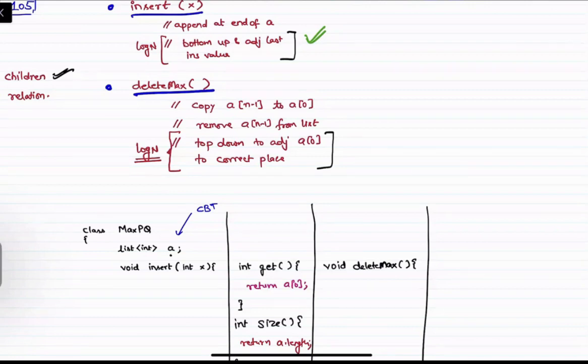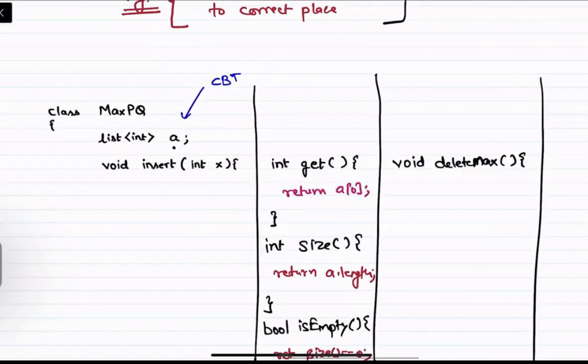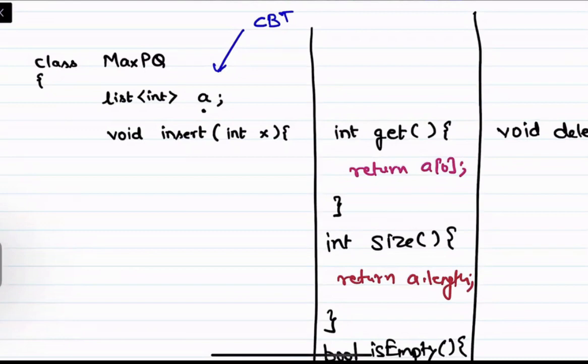What is the first step? We have to append at the end of A. So in insertion, what is the first thing we have to do? Again, depending on the language you use, let me just call it add function. What will this add do? Add will append at the end. Now which index do we want to balance out or take bottom up and fix?